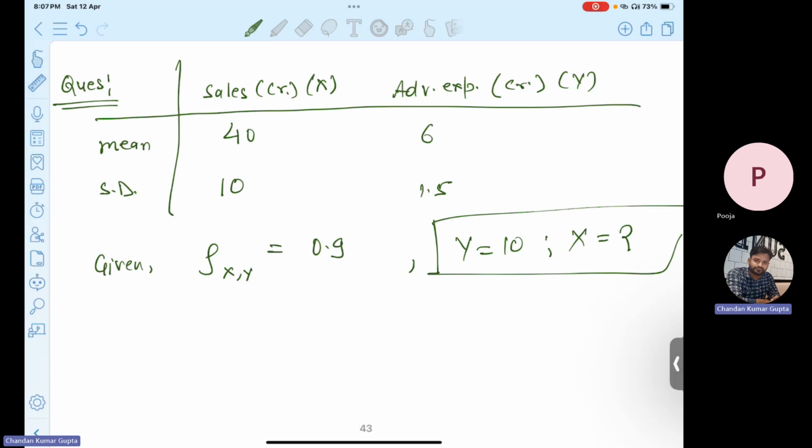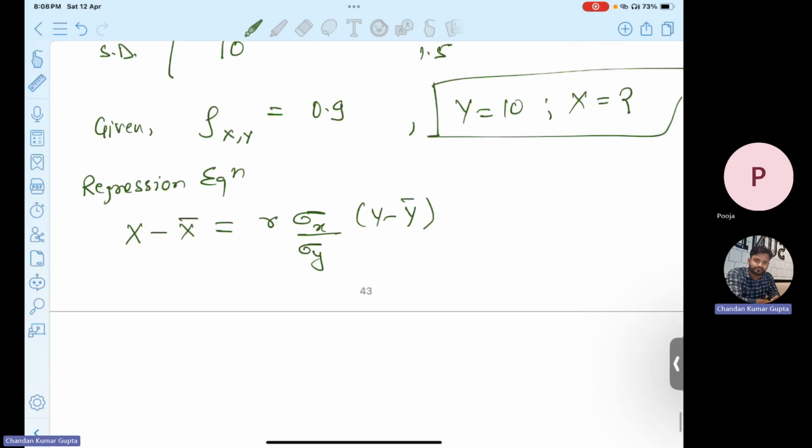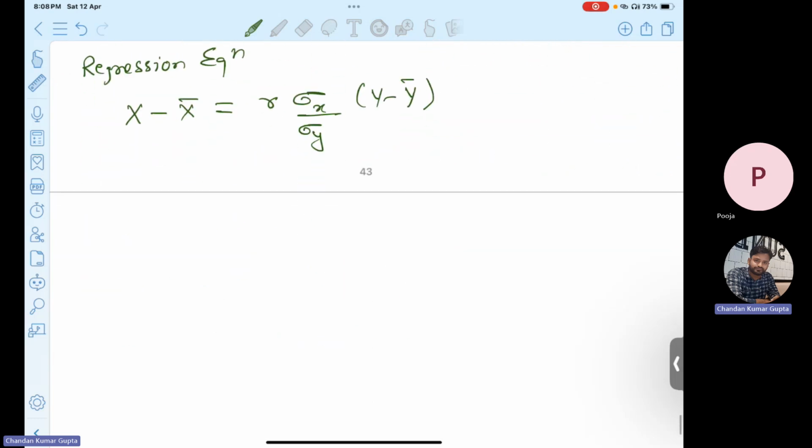Yes, we have the regression equation. We have already discussed it. The regression equation is X minus X bar equal to R times sigma X by sigma Y, times Y minus Y bar. This is the standard form of the regression equation. Just put the values.